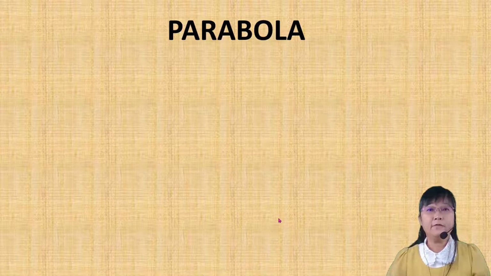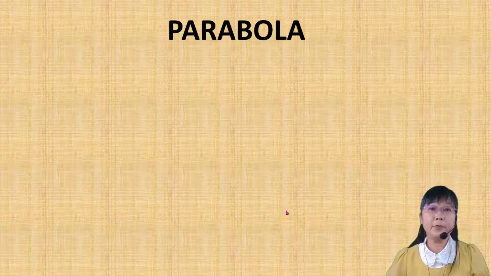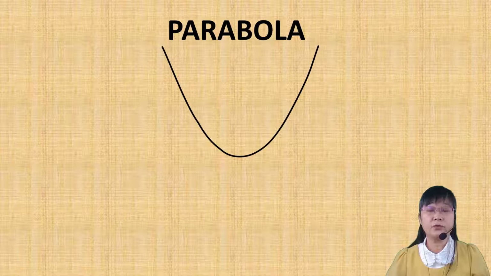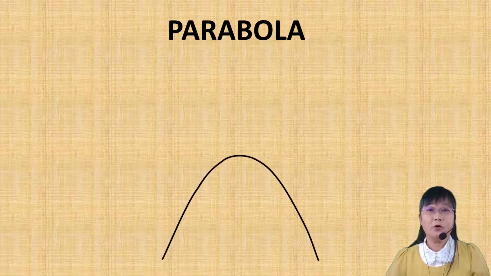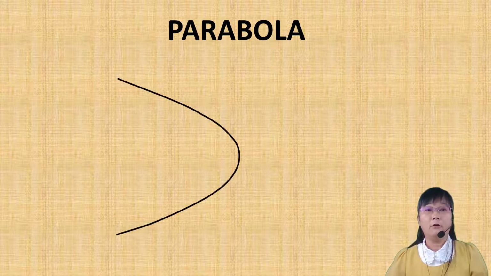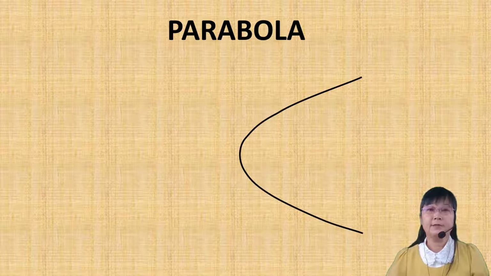So now, first of all, I'm going to discuss the important parts of the parabola. The shape of the curve of the parabola is approximately a U shape. The shape may open upward, open downward, or open to the left-hand side or right-hand side.